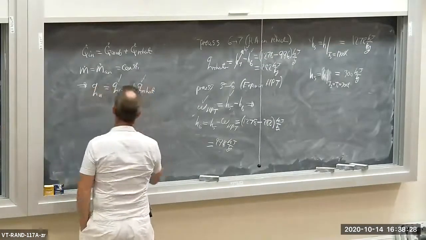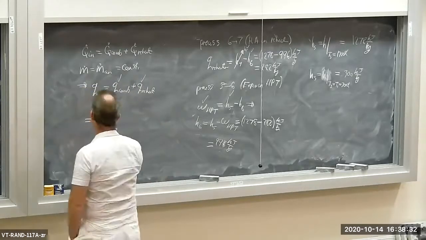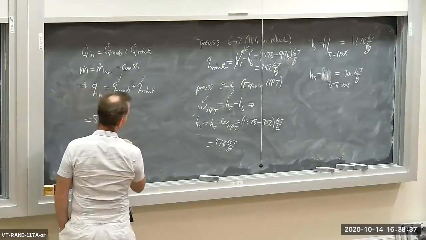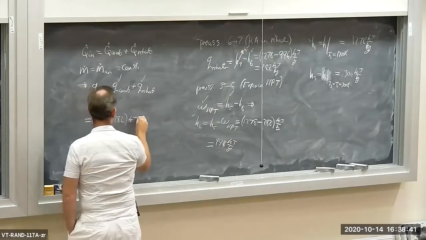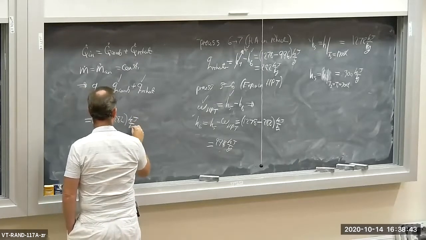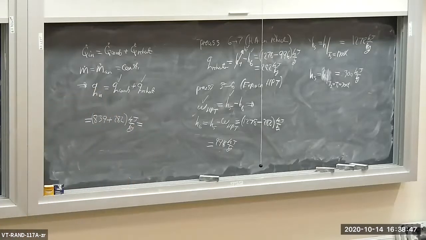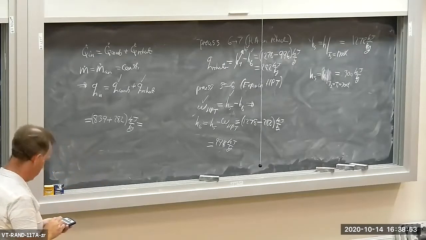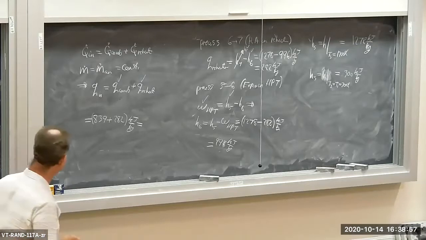Q combustor is 839 plus 282 kilojoules per kilogram. And I get the total heat addition from the combustor and the reheater of 1121.